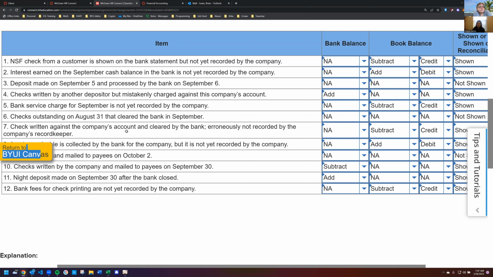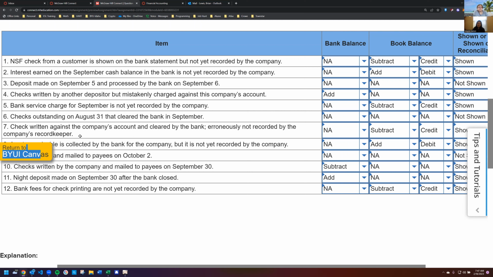Check written against the company's account and cleared by the bank. Erroneously not recorded by the company's record keeper. Brilliant. So we wrote a check. It went through, it cleared the account, but we didn't have a record of it, right?